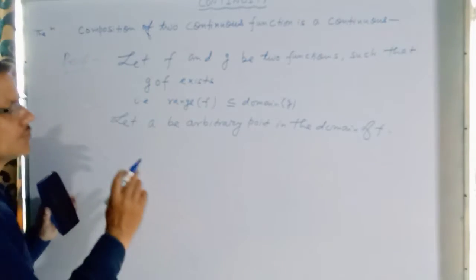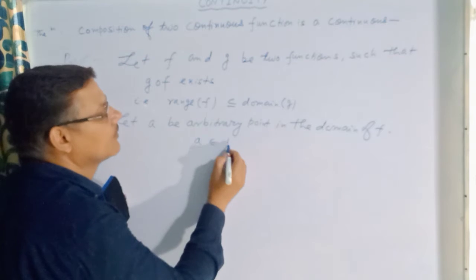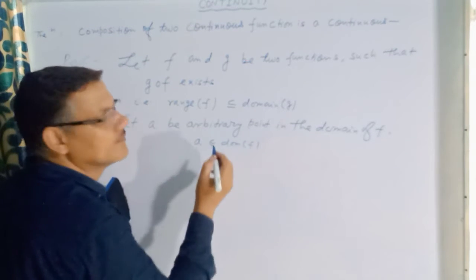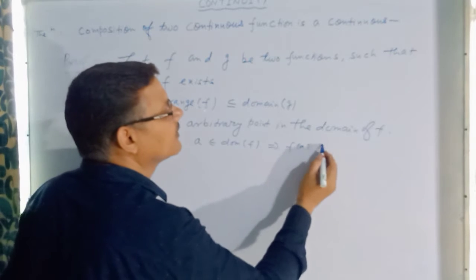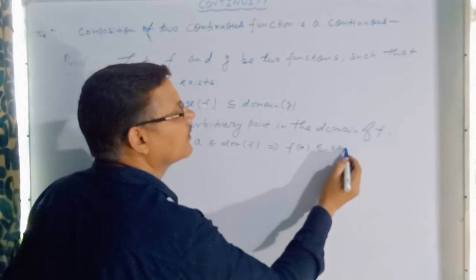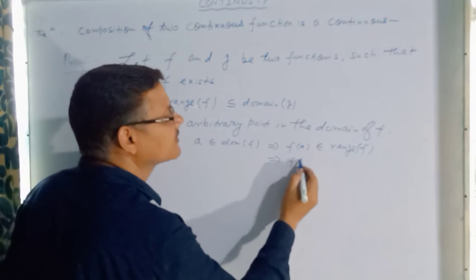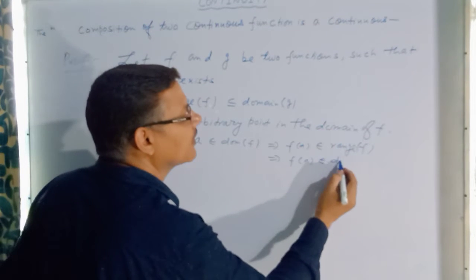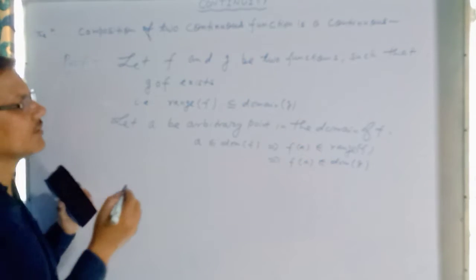Okay, so if a is an element of the domain of f, it implies f(a) is an element of the range of f. It also implies f(a) is an element of the domain of g. So this is the position.